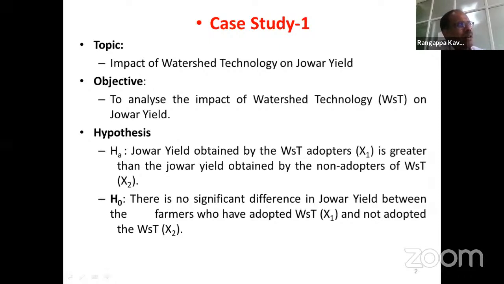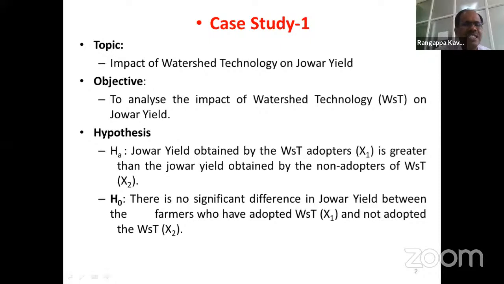The selection of respondents for the group who have adopted technology is independent of the selection of respondents for the farmers who have not adopted. So we have to use the t-test for independent samples. That is the logic here.